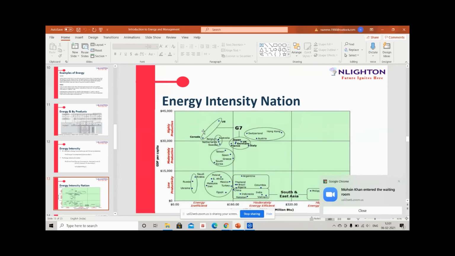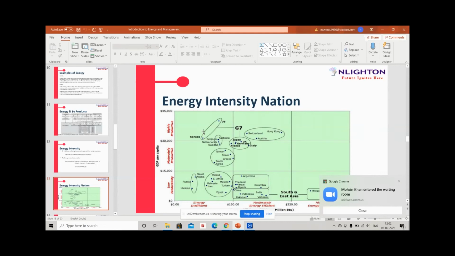Here you can ask: is China not focusing on energy intensity? Actually, yes, China is also focusing on energy intensity, but the energy consumption rate is very, very high. That is the reason China is at the bottom.